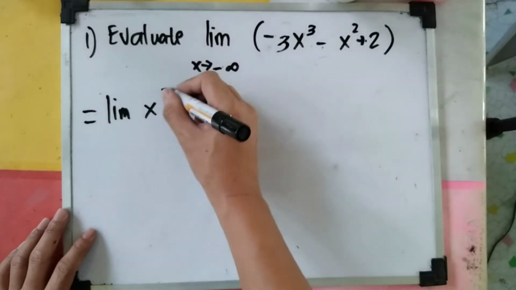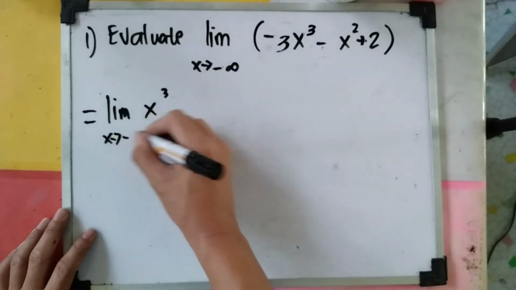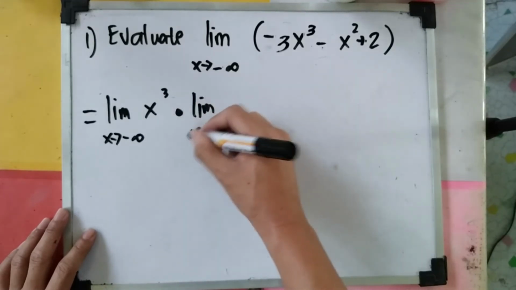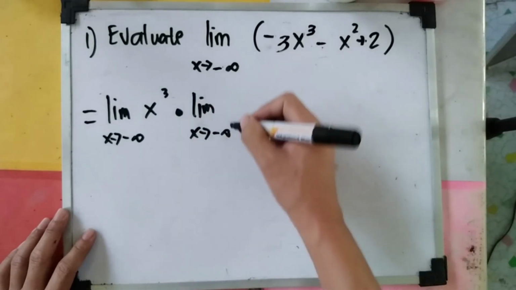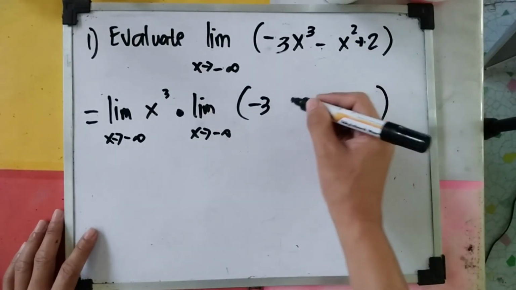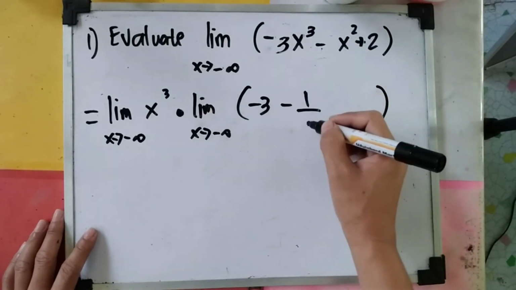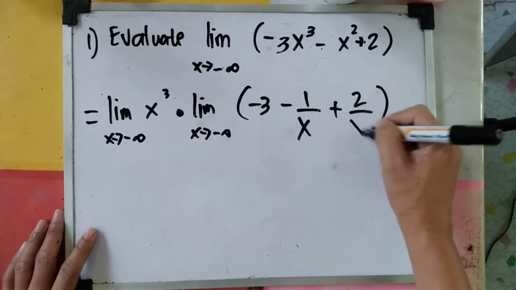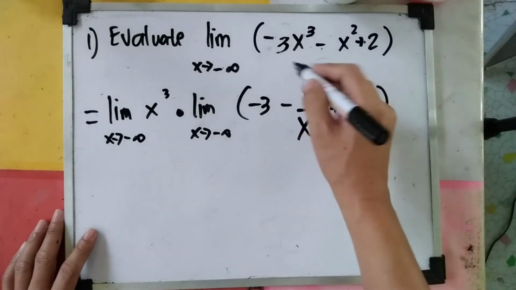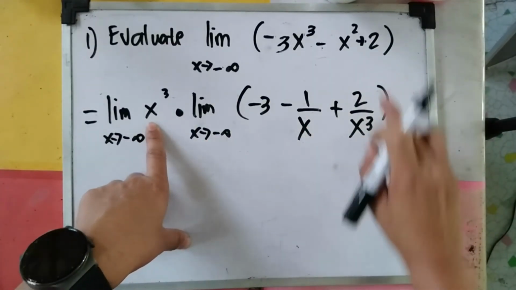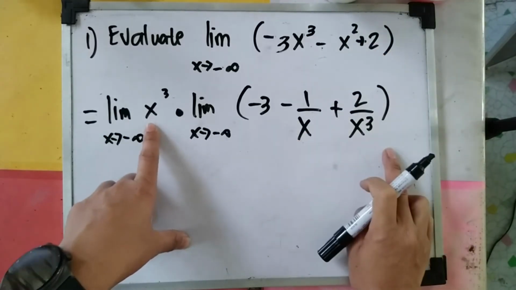So the limit of x cubed as x approaches negative infinity times the limit as x approaches negative infinity, divide x cubed, so negative 3 na lang. I-divide ko yan ng x cubed, kinuha ko yung x cubed sa labas kaya naging 1 over x na yan.